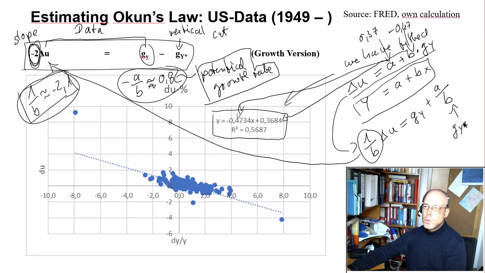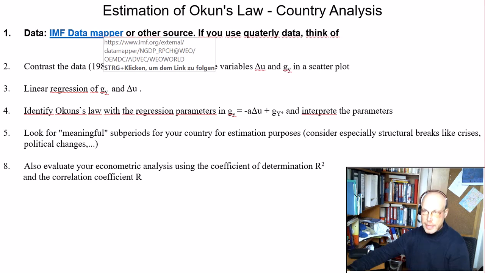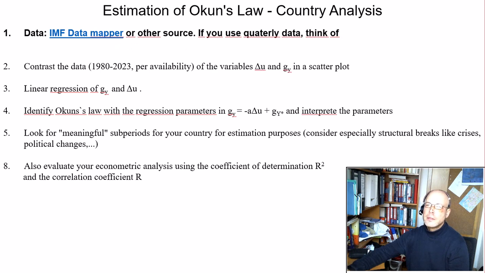What I want to do with you is the time series analysis for Germany with a data set starting in the 1980s, because you will find for your country at the IMF data mapper also the data starting from 1980. If you don't find it, please just write me an email, then I will help you how you can get the data. Yeah, so there we have a link.